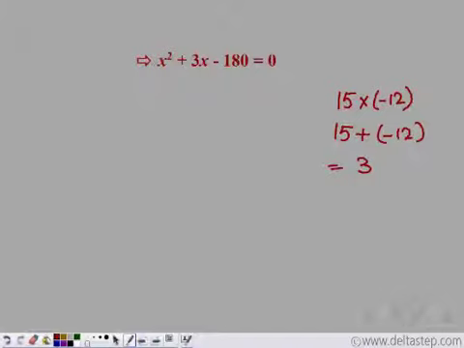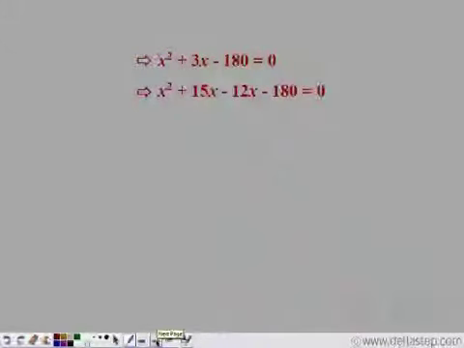So let's write 3x as 15x minus 12x. So this is what we have. X square plus 15x minus 12x minus 180 equal to 0. Let's factorize these two terms. From these two terms, we can take x common. Taking x common, we get x plus 15.